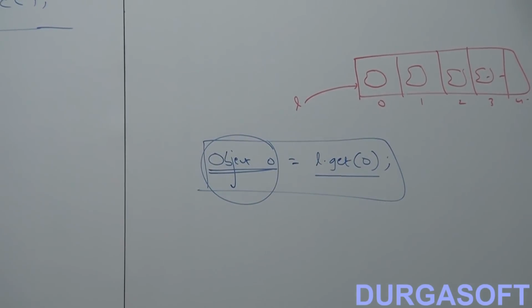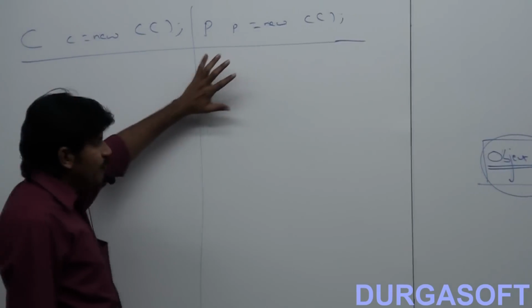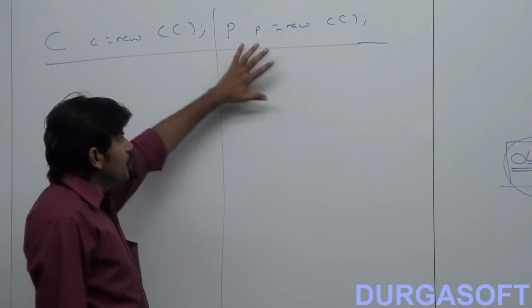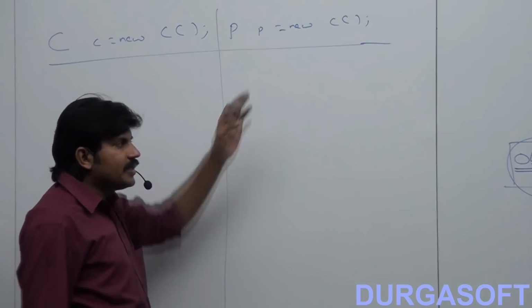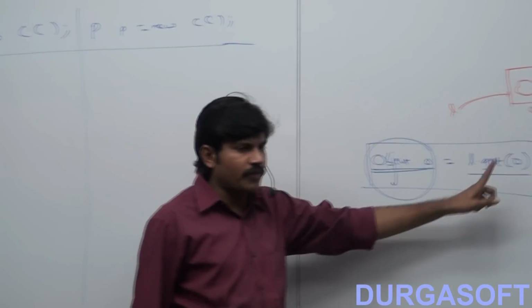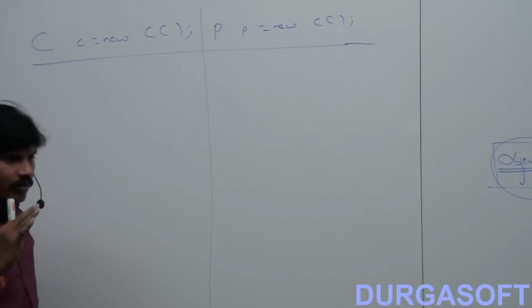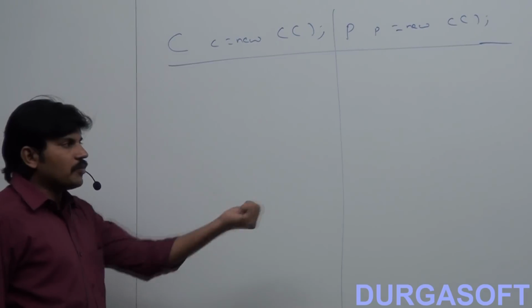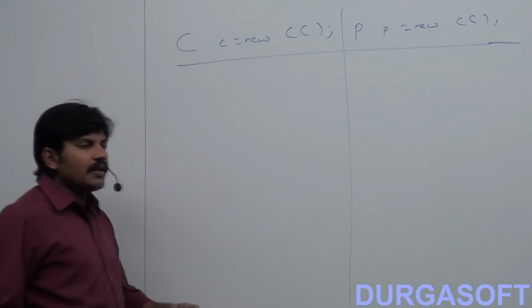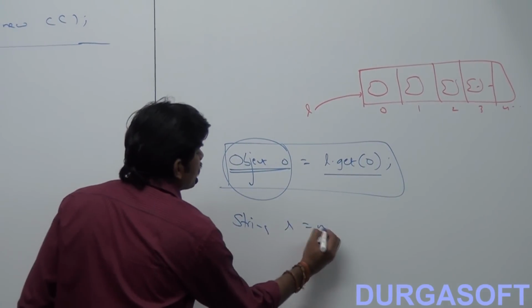So now the first conclusion: when should we go for this approach? If we don't know the exact runtime type of the object, this approach is recommended. If I know the exact runtime object is a String object only, then directly use a String reference to hold that object.